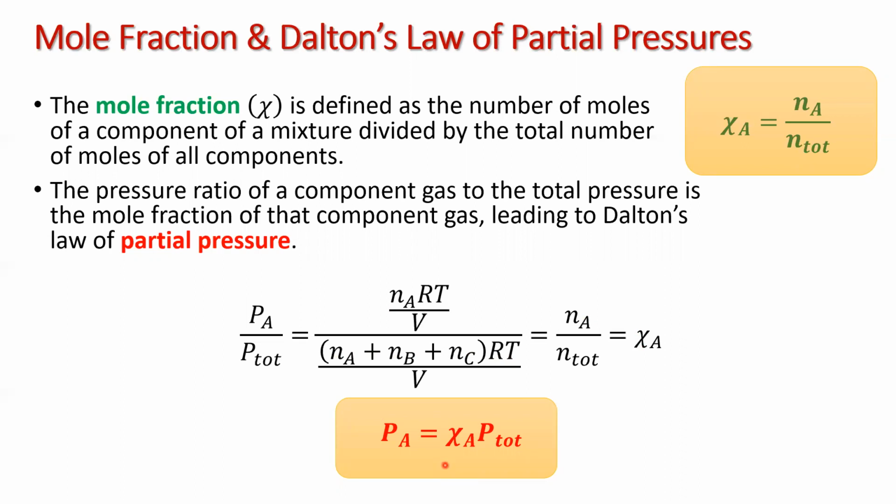We take the mole fraction for A, multiply it by the total pressure, and that gives us the partial pressure for A.